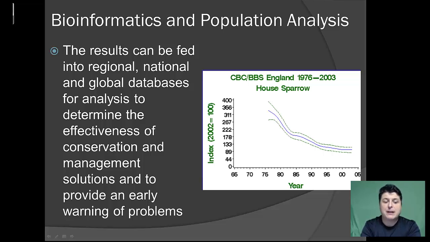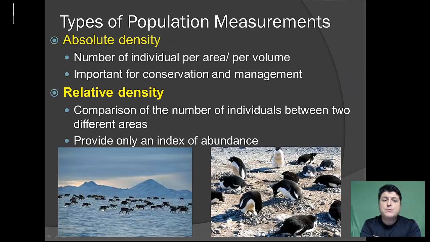for its recovery. Now, as we collect measurements of population, there are two different measurements that we might obtain, either an absolute density or a relative density. The absolute density of a population is the actual number of individuals per unit area or per volume of water.